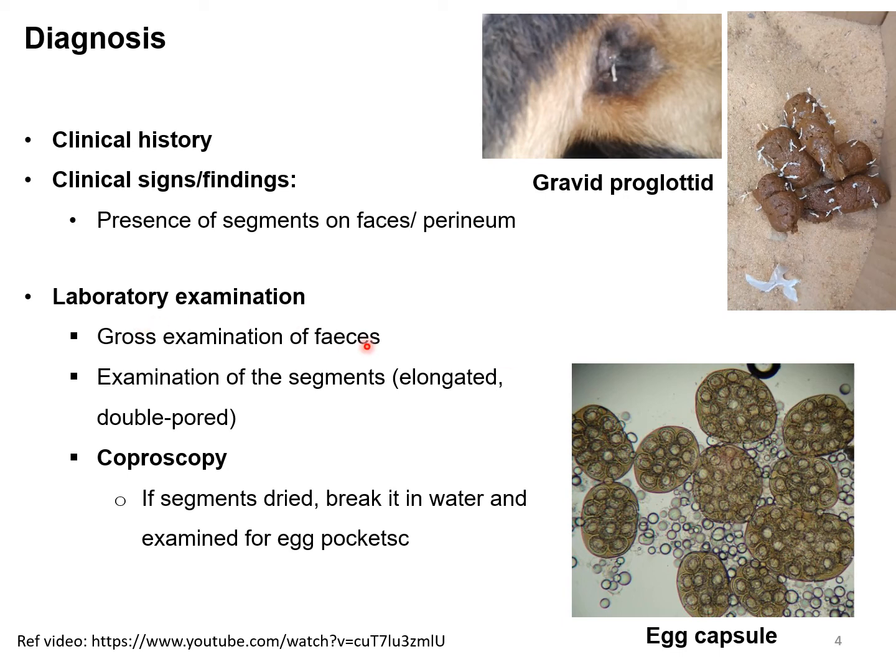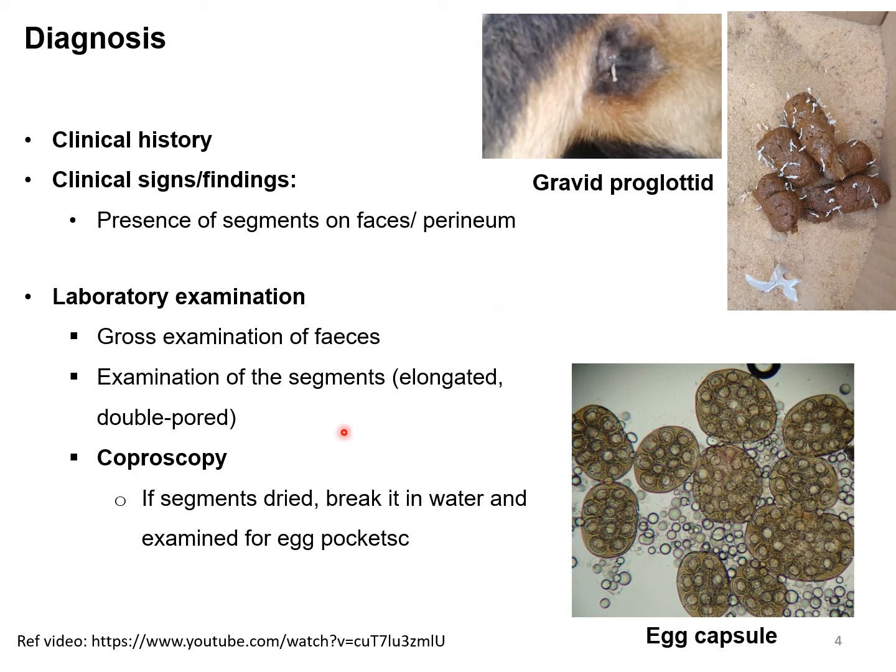And then you should go for laboratory examination. For the samples that are sent to the laboratory, you should go for the gross examination of the feces just to check the presence or absence of the gravid proglottids with the samples. And if you get one or two, you should first check the morphology that I have mentioned earlier. The mature segment or the gravid segment is like a rice grain or cucumber seed or pumpkin seed.